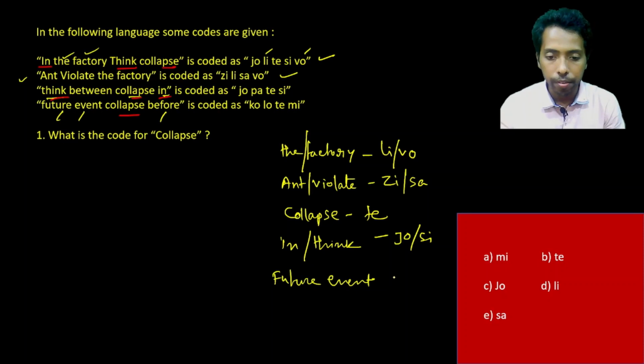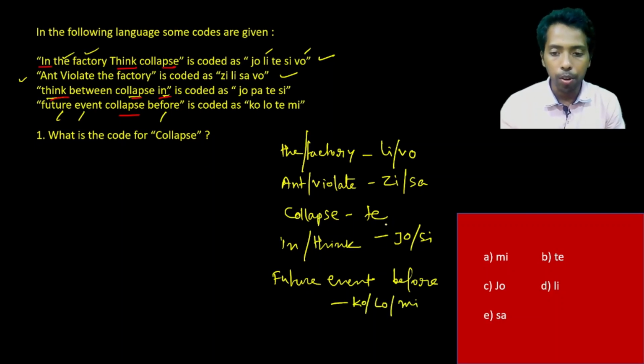Future, event and before are all three remaining, and the codes for all three are ko, lo and mi. Now the code for collapse is te, option B. We will come back to this screen so that we can get all the data we have just done here.